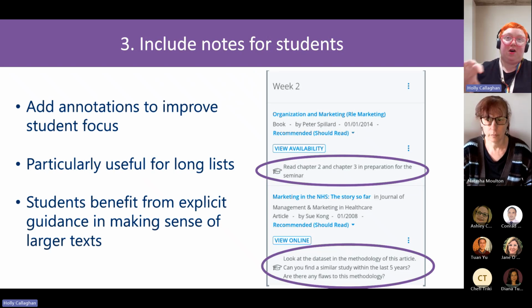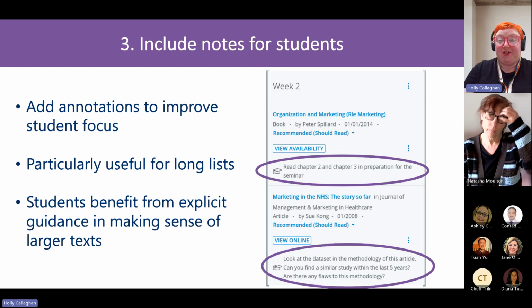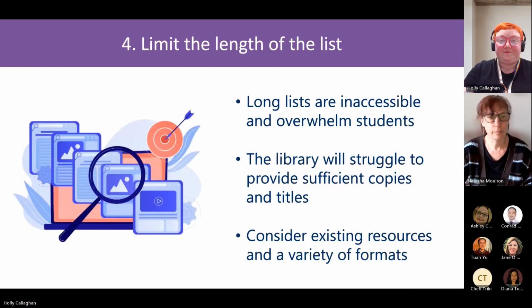You can set targets of reading chapter 2, chapter 3, or even set topics and questions to help them prepare in time for seminars and discussions and assignments. So if you're interested in using those features of the reading list system, Tash will show you how to do that in her demonstration.